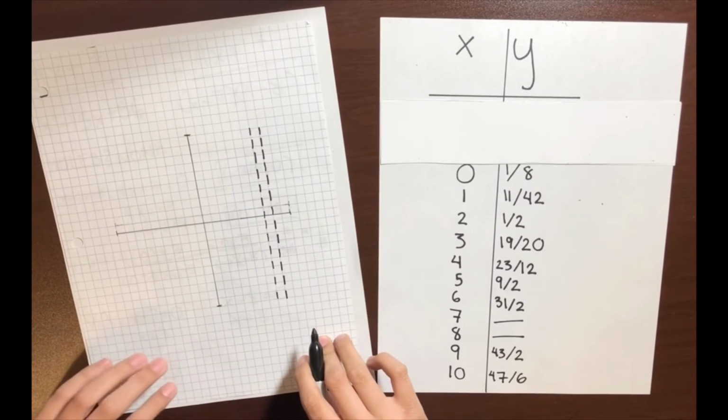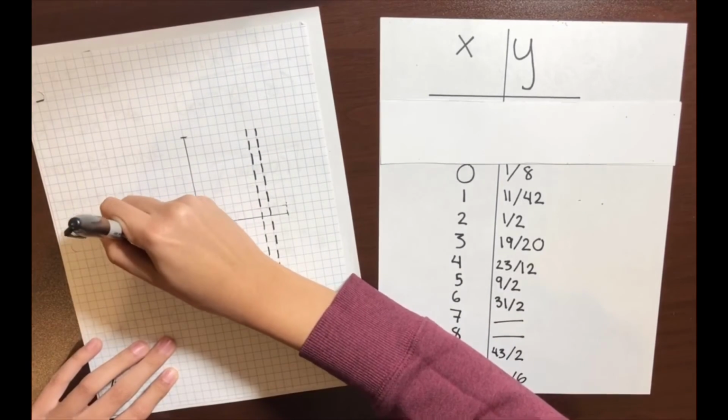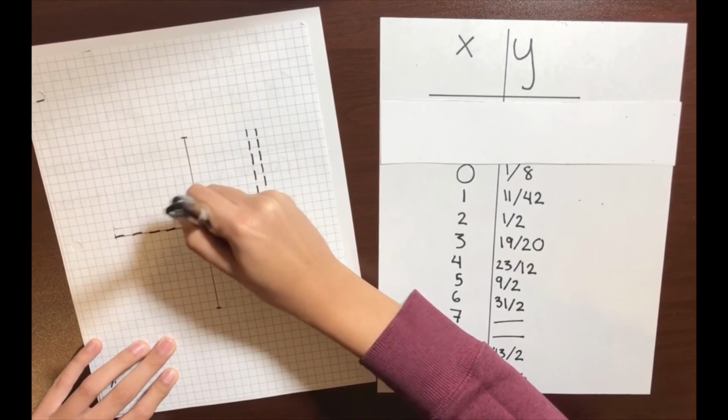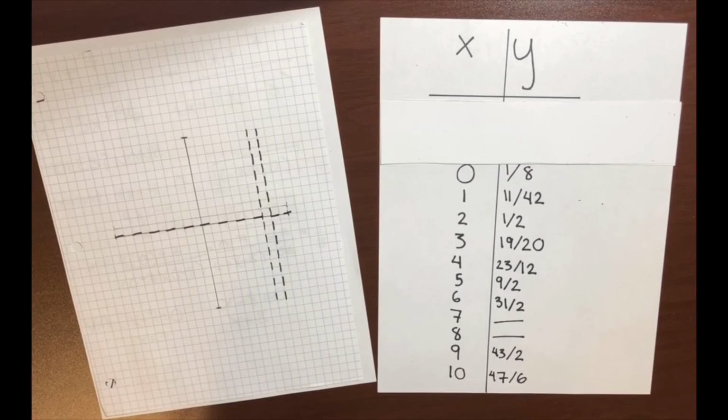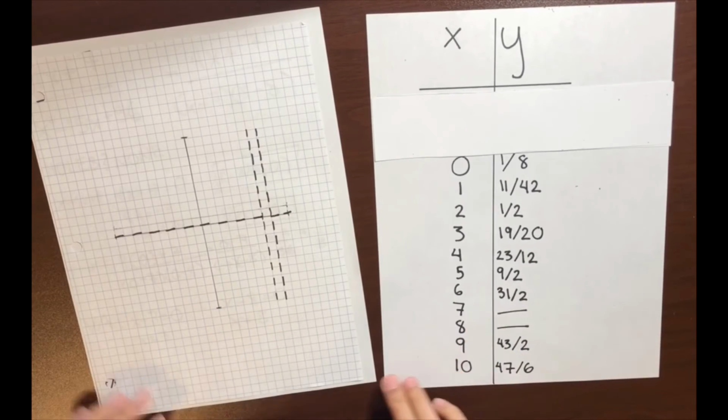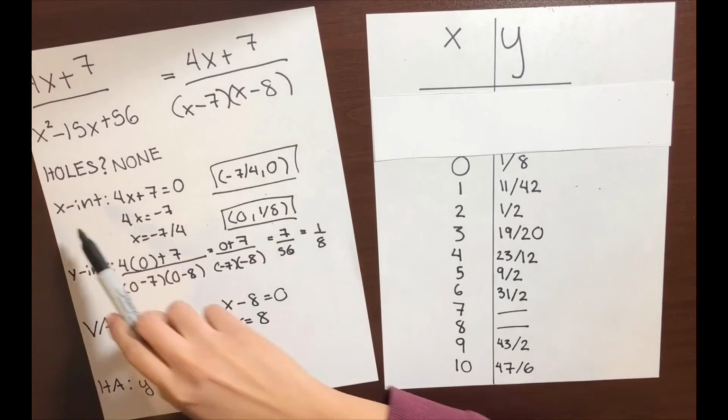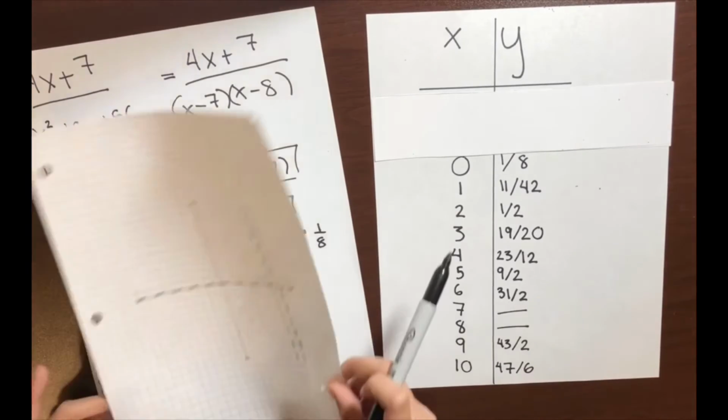Then mark your horizontal asymptote at y equals 0. Plot your x and y intercepts, which are -7 over 4, 0, and 0, 1 over 8.